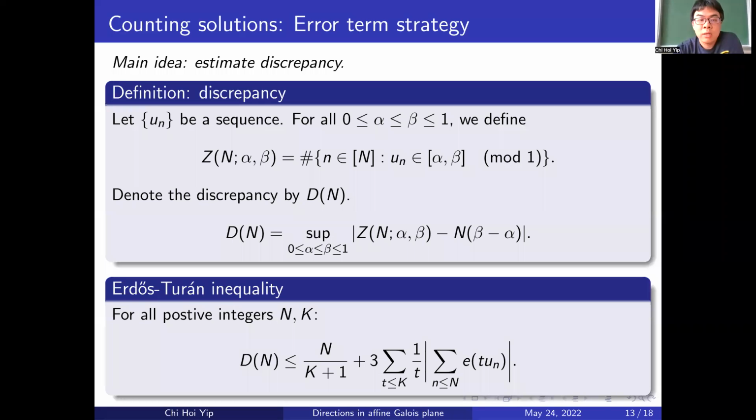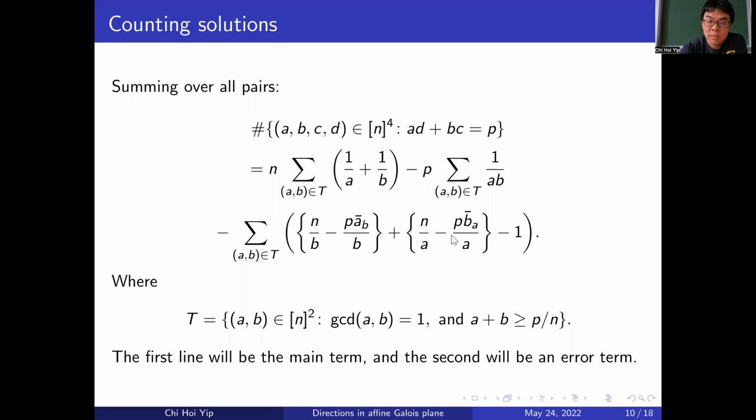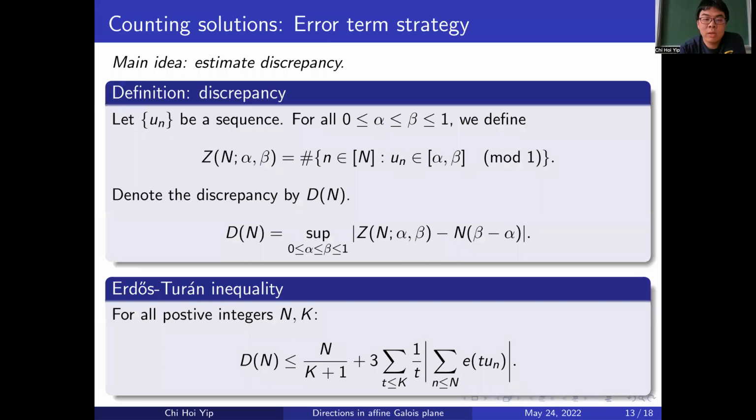And for the error term, we have mentioned that we expect that this is very small. So we have to bound it. The tool we use is to estimate the discrepancy of this sequence. Given a sequence u_n, we can define Z_N(alpha, beta) to be the number of u_n such that u_n is in the interval (alpha, beta) modulo 1.